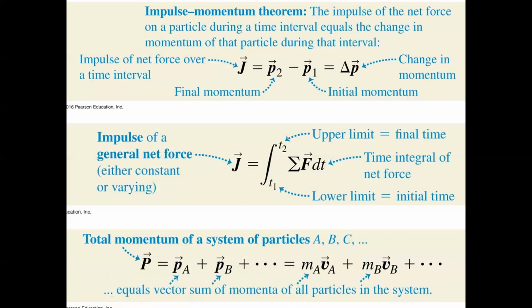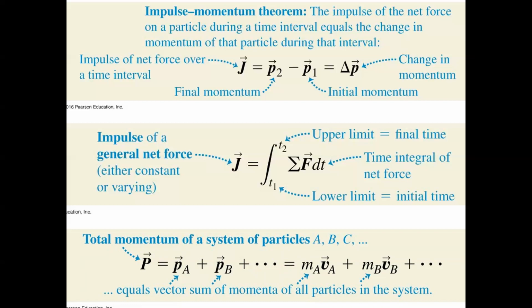Total momentum of a system of particles: if there is more than one particle in the system, the total momentum can be obtained by simply adding, that is the vector sum of, the momenta of all particles in the system. Let's say there are n particles, you simply add them up together to get the total momentum.